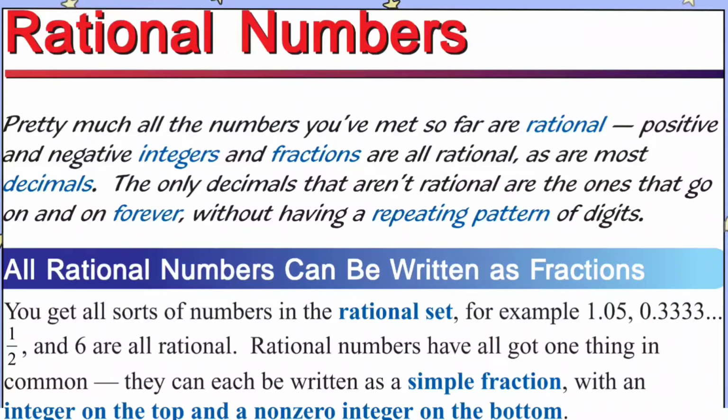And a half is rational because it can be written as a ratio of two integers, 1/2. 6 is rational because 6 can be written as 6/1. That's a ratio of two integers. So rational numbers have all got one thing in common, and that's the fact that every one of them can be written as a simple fraction, right? A simple fraction with an integer on the top and an integer on the bottom that's not 0.